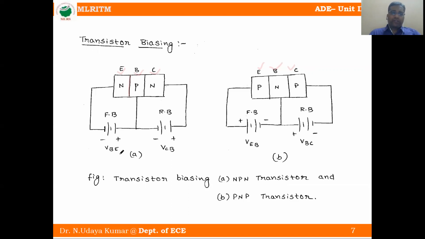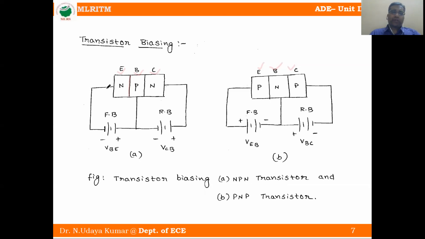So VBE voltage is applied. It is forward bias. Why is it forward bias? The negative terminal is connected to the N. What are the majority charge carriers in N? Electrons. So electrons have negative charge.